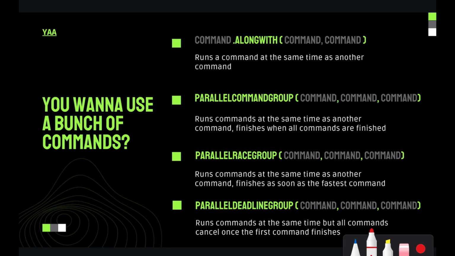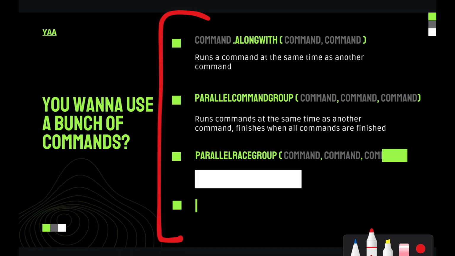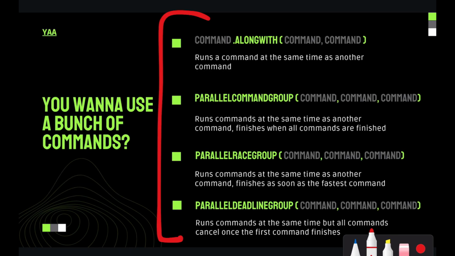Over here, all these commands, I would categorize as parallel commands. Parallel commands basically allow you to run multiple instructions all at the same time. So if we use the example from before, that your elevator, your arm, and your drivetrain all want to do that efficiently at the same time, you can use these methods.